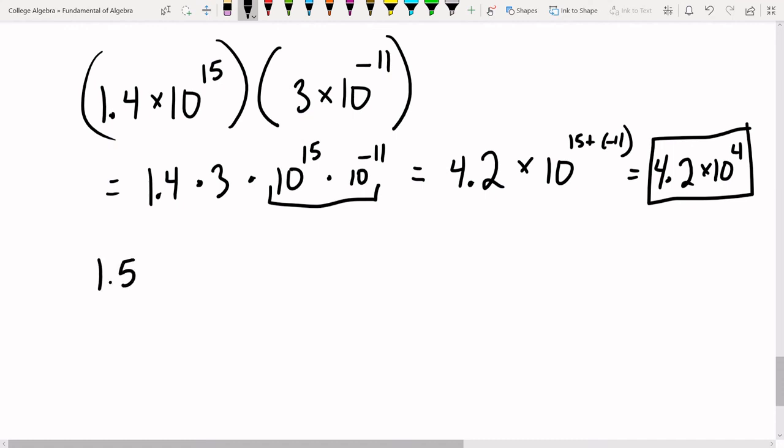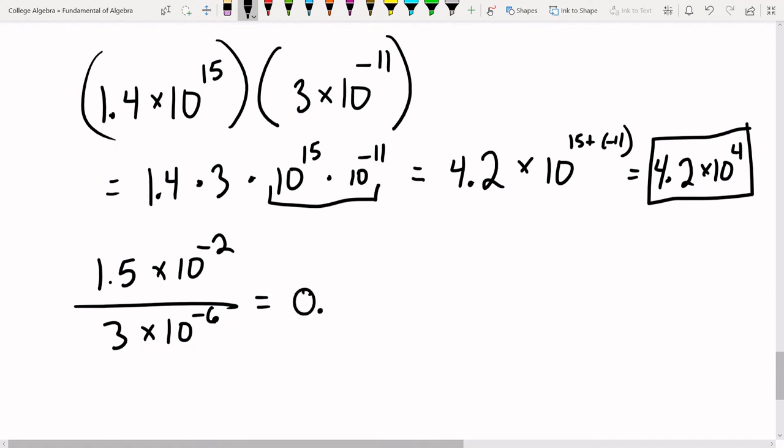All right, this one is going to be division. 1.5 times 10 to the negative 2 over 3 times 10 to the negative 6. Sorry, negative 6. Here we have 1.5 divided by 3 is going to be 0.5. Plug into your calculator to make sure of that.